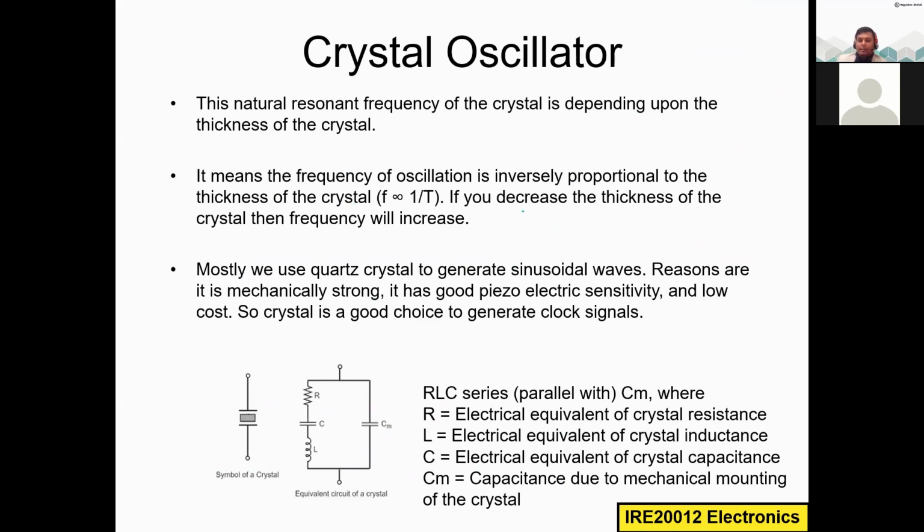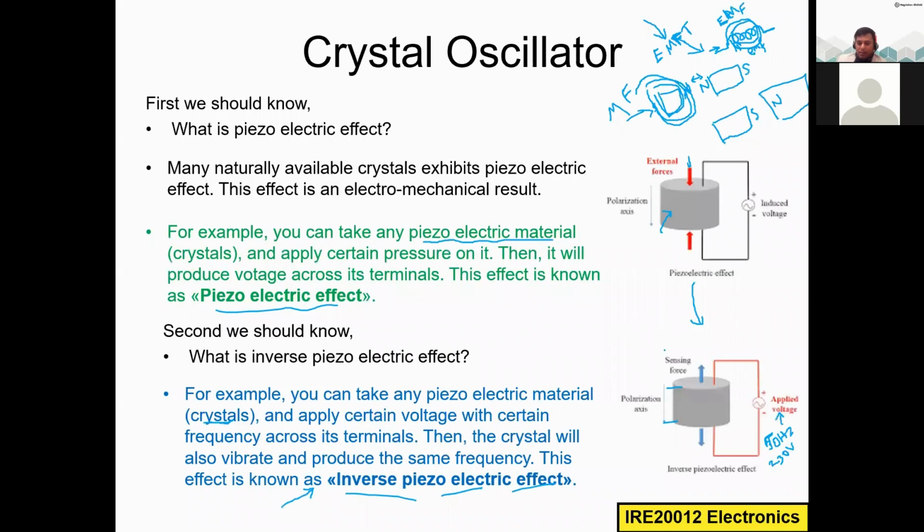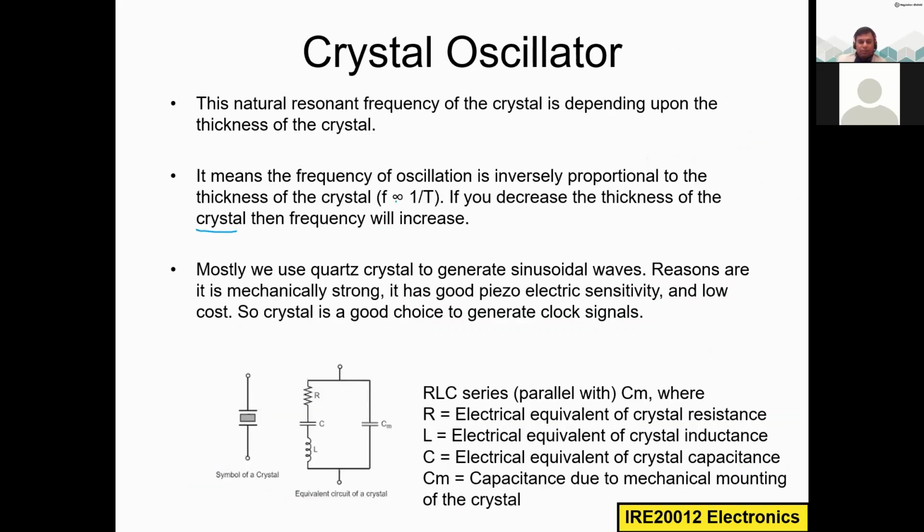So if you decrease the thickness of the material, that is a quartz crystal, for example, then the frequency will increase. If you increase the thickness, then it's the opposite: the oscillation frequency will decrease. So that is what I said. Frequency is proportional to 1 divided by T, where T is the thickness. If you decrease the thickness of the crystal, then the frequency will increase.